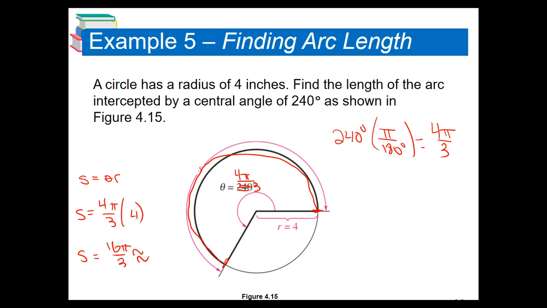Let's just use the pi button on our calculator. 16 pi over 3 is about 16.8. The radius is in inches, so this is about 16.8 inches. So just put your angle in radian form, multiply it by the radius, and that will tell you the arc length of that circle.